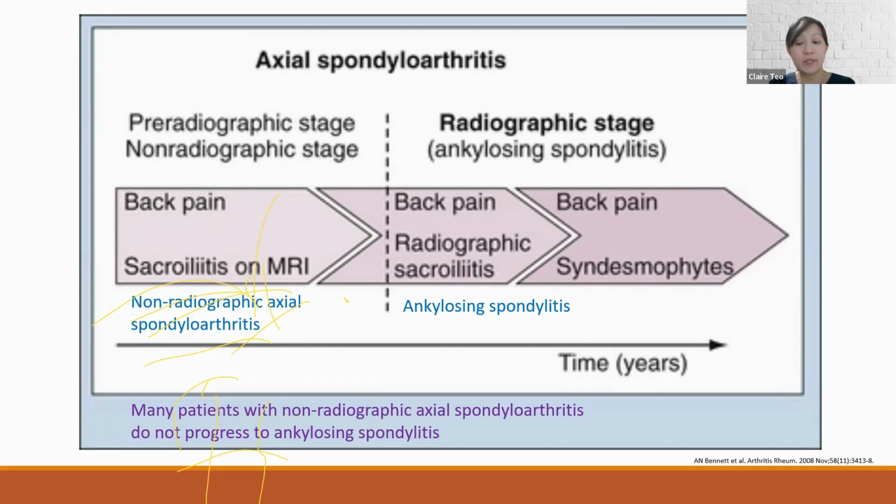Once the sacroiliac joints are clearly affected on X-ray, a person will then be classified to have ankylosing spondylitis. Some people, at presentation to the doctor, may already have established ankylosing spondylitis.